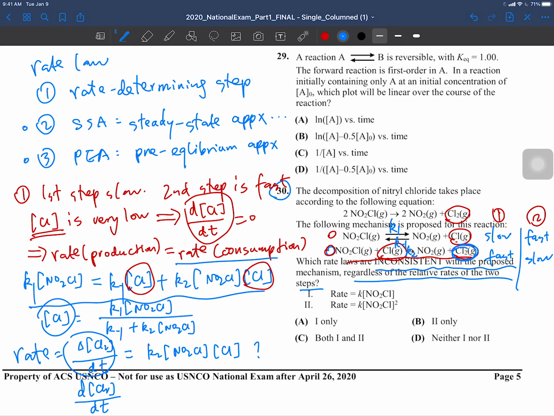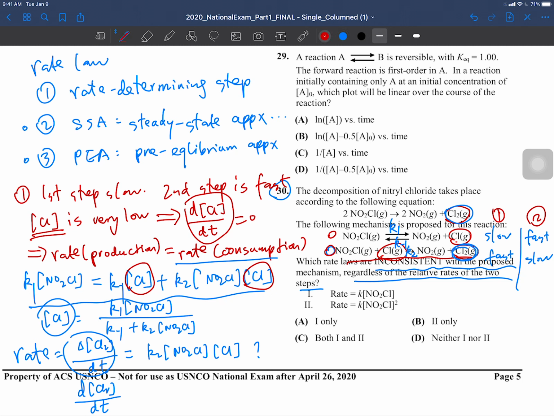We can use the second step's rate to express the rate of the production of the chlorine gas. And the rate of the production of the chlorine gas actually shows the overall rate because chlorine gas is the product, right? We can use the consumption of the reactants or the production of the products to show the rates.